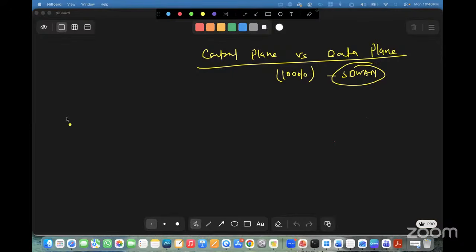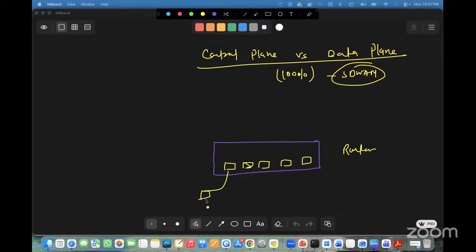Anyone else want to try? Mohammed Akhtar, you want to try something? Yeah, the control plane is the decision of how the traffic should go, and the data plane is how the traffic flows.